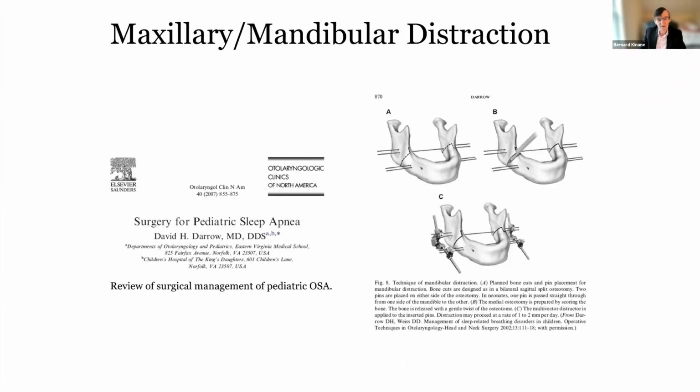Now, this has to be really done by expert facial maxillary surgeons, and not all have expertise in it, but it's an important option. But you have to take into account the scarring.